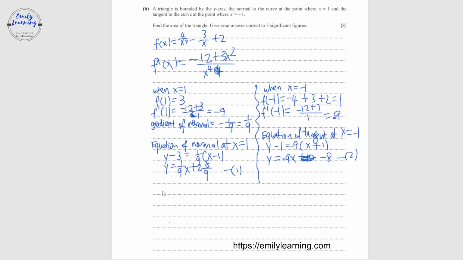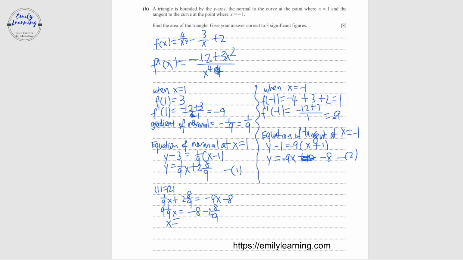Okay, so let's equate 1 equals 2. So 1 over 9 x plus 2 and 8 over 9 is equal to negative 9x minus 8. So I know that 9 and 1 over 9 x is equal to minus 8 minus 2 and 8 over 9. So x will be equal to this divided by 9 and 1 over 9.